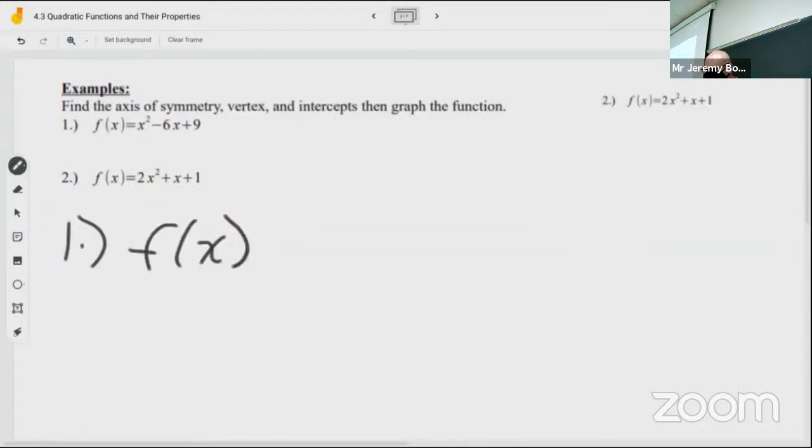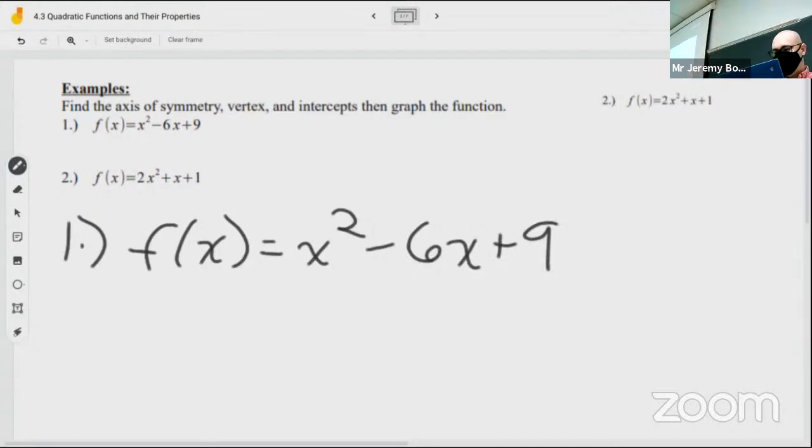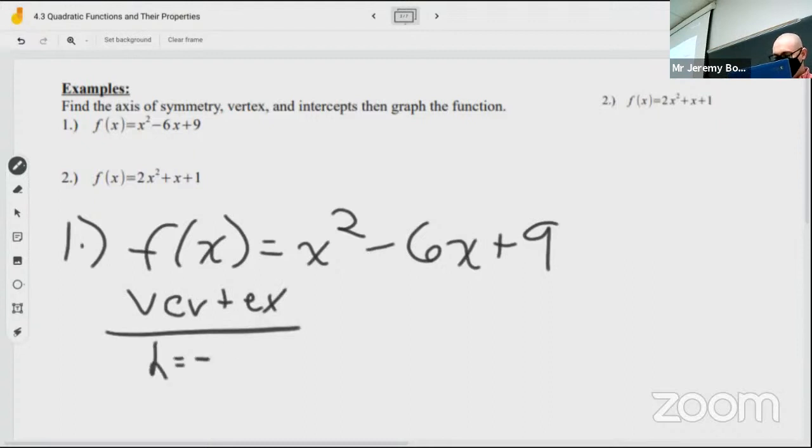So say f of x is equal to x squared minus 6x plus 9. The first thing we'll do, let's find the vertex. Remember, you want to find h, k. h is going to equal negative b over 2a, which in this case is negative negative 6 over 2 times 1.